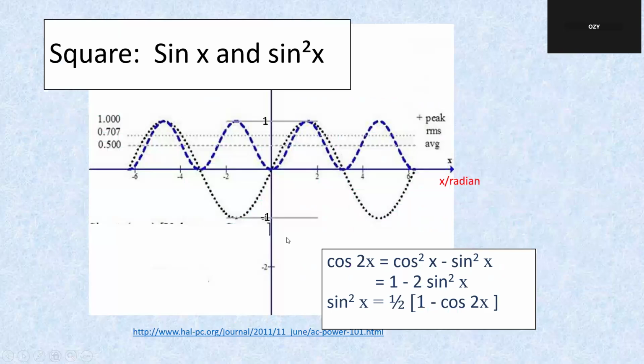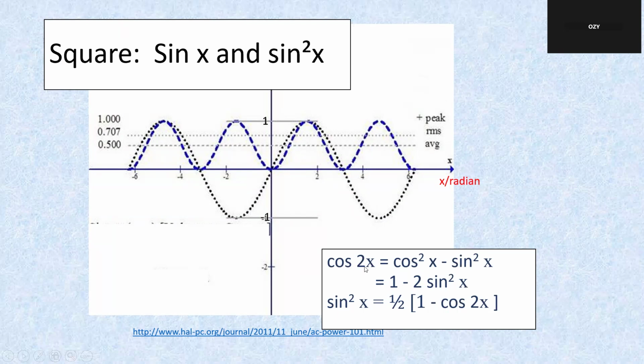Okay. You have to know that this is your sine curve, right? If you square it, negative becomes positive. It's still a sine curve. You can show it using your maths.